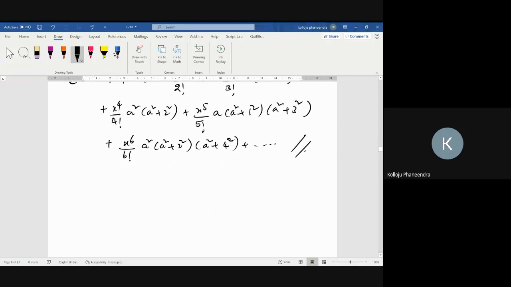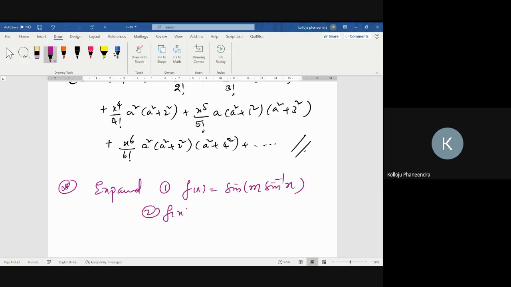Now take one more problem. Expand directly. First one, f of x equal to sine of m sine inverse x. Second one, f of x equal to cos of m cos inverse x.